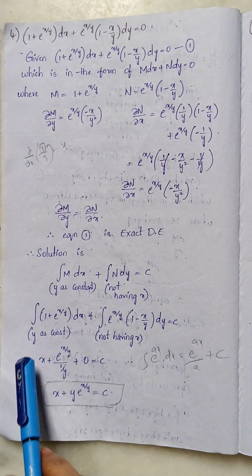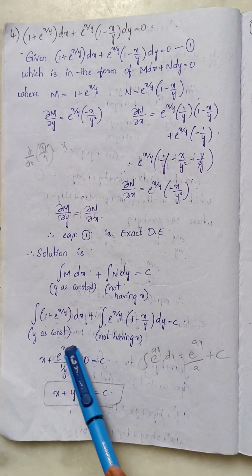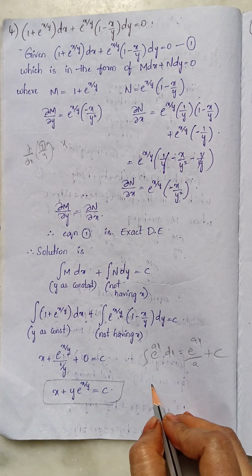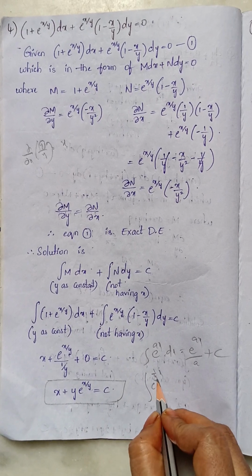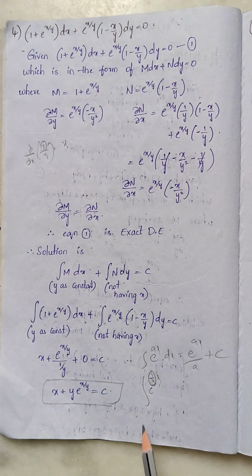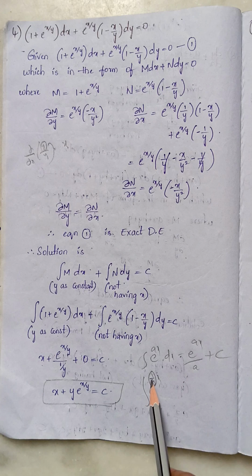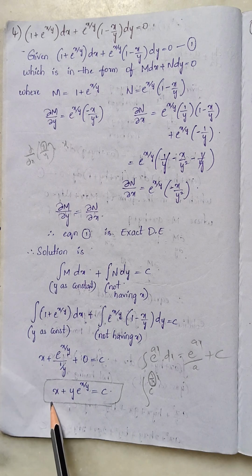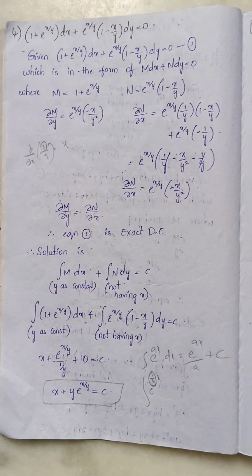So here y is constant means e power x by y, 1 by y into x, instead of a here 1 by y. That's why what we are writing here, e power x by y as it is by a, means here 1 by y, that's why by 1 by y. 1 by 1 by y is nothing but y. So x plus y into e power x by y equal to c here.